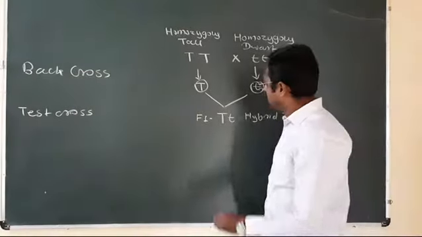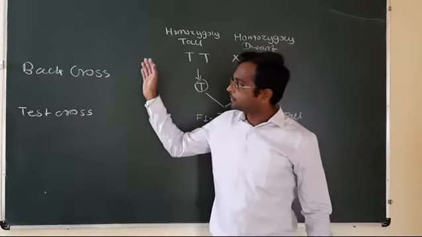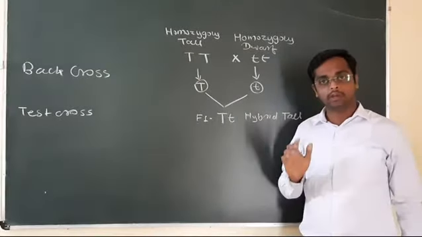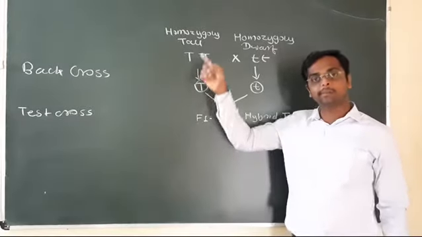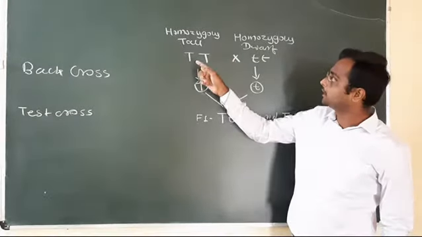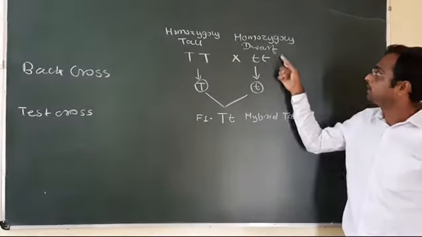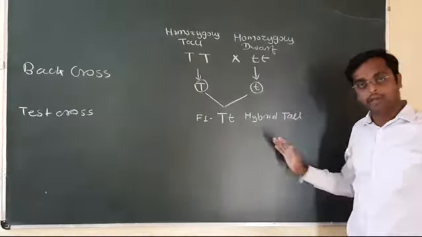But listen carefully, when this F1 hybrid is crossed back to any of the parents, maybe the homozygous tall or dominant parent, or maybe the recessive parent, then this is called the back cross.